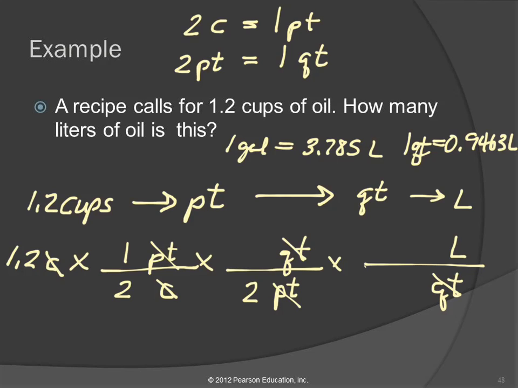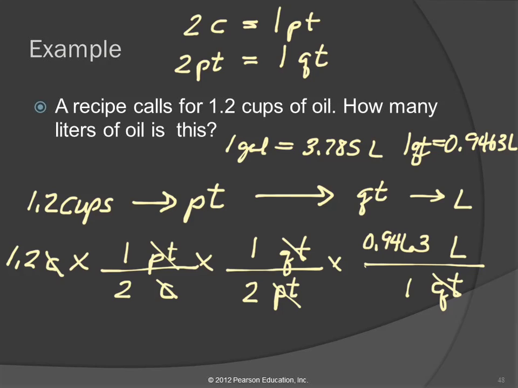I have the units in place. They tell me where to put the numbers. And then over here, I've got 1 quart is 0.9463 liters. You can't swap the numbers because then it won't be true anymore.